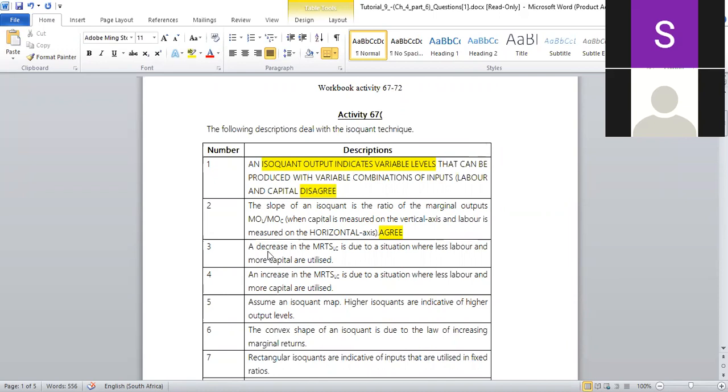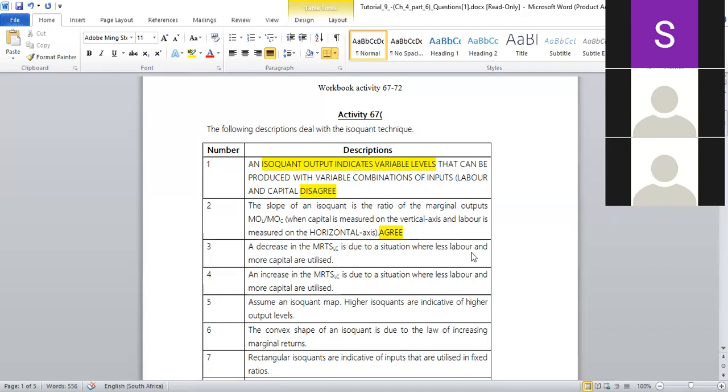so here they are saying an increase in the marginal rate of technical substitution is due to a situation where less labor and more capital are utilized. So let's look at the statement.